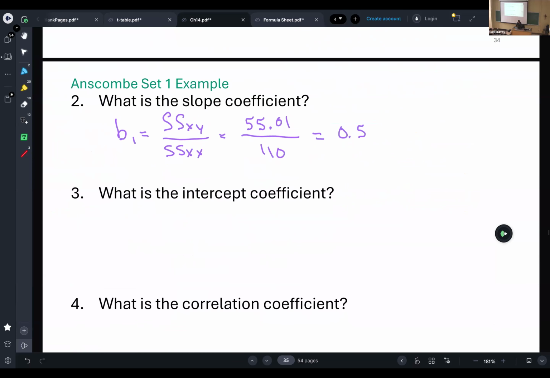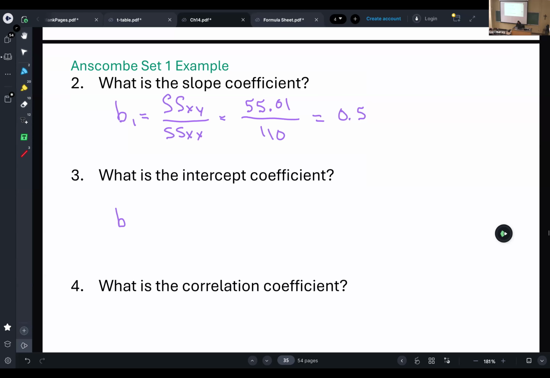What is the intercept? So we can then do that, that's B0 equals the average of the y's, subtract B1 and multiply it by the average of the x's. So the average of the y's came out to be 7.5, I believe. And then we subtract 0.5 and multiply it by the average x, which we said was just 9.